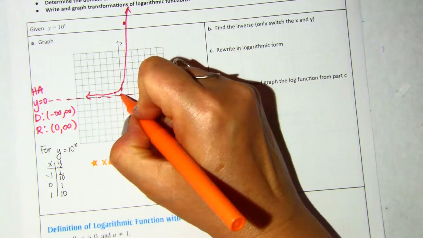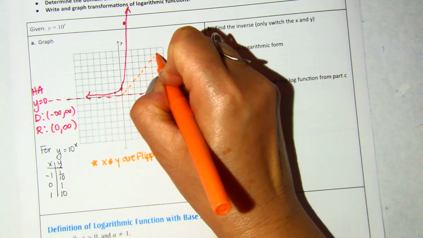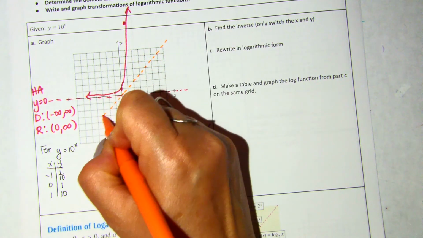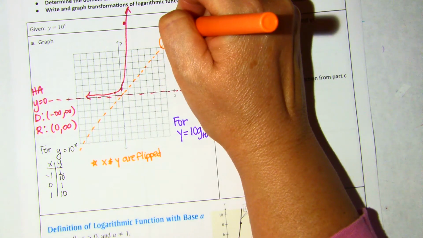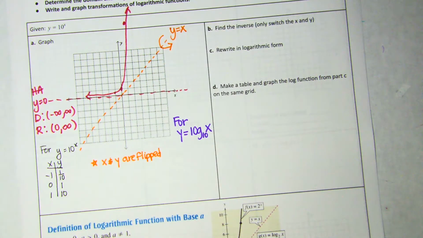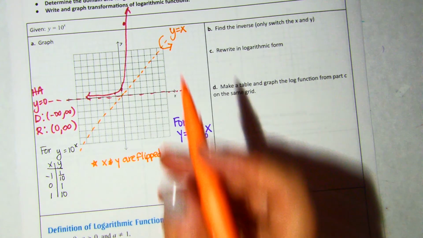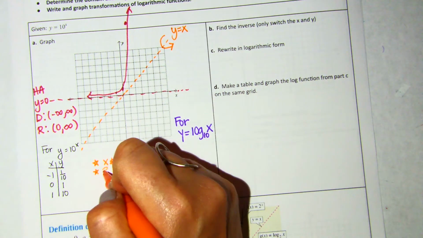The reason for that is because log functions and exponential functions are basically a reflection about the line y equals x. If it's a reflection about the line y equals x, it basically means that the x and y are flipped. So let's write that down too.